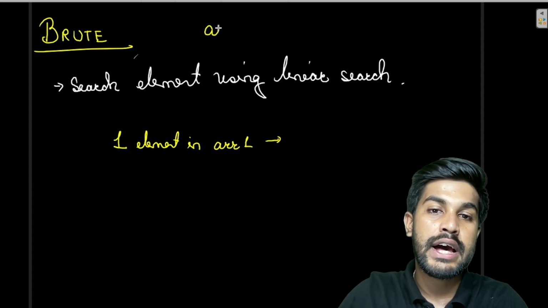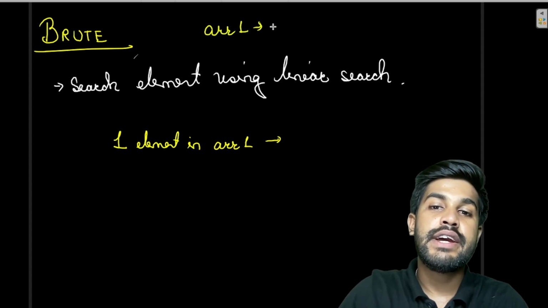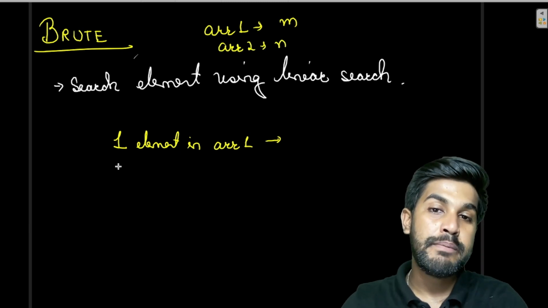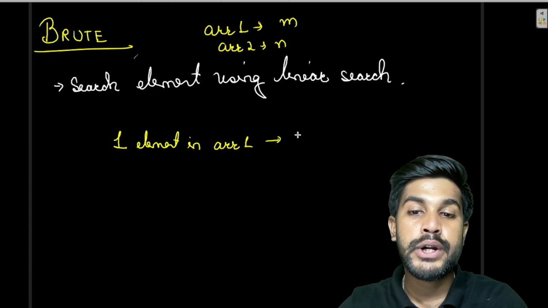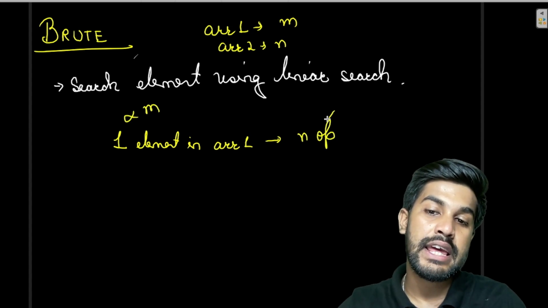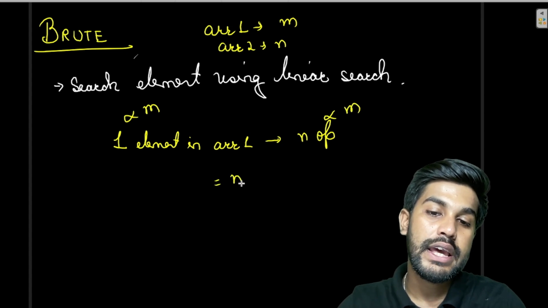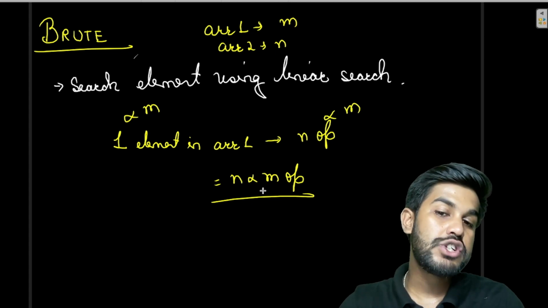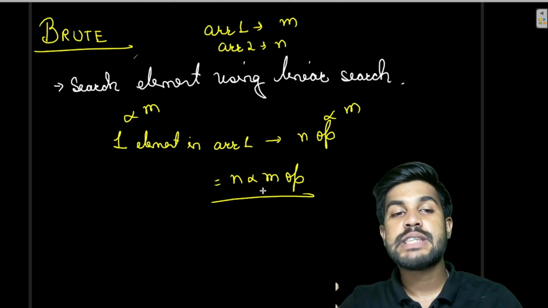If ARR1 is having a size of M and ARR2 is having a size of N, then for one element in ARR1, we would be doing N operations. So for M elements in ARR1, we would be doing N multiplied by M operations. And in each step we would just compare, so that is a constant operation. So the time complexity of this approach is N cross M.